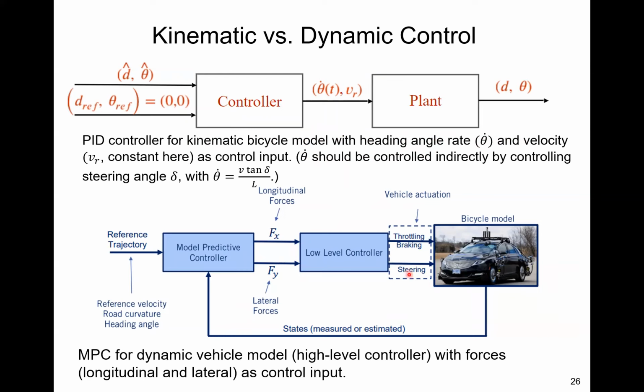Whereas this example is a dynamics control example, because you are taking into account the vehicle's dynamics. The control input from the MPC is the longitudinal forces, and the control input from the low-level controller is the throttling, braking, and steering.